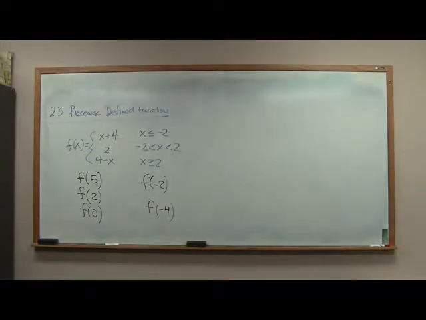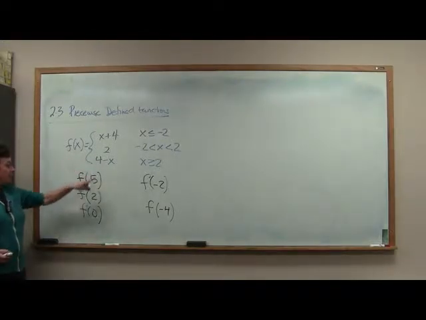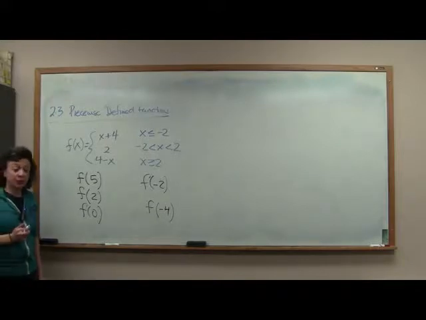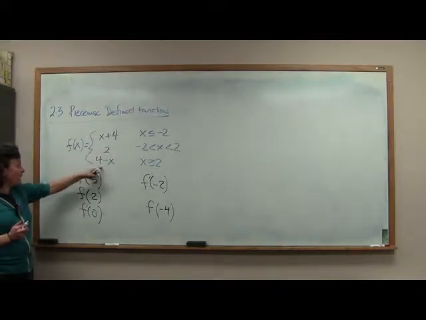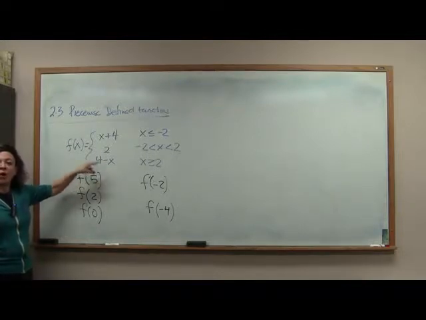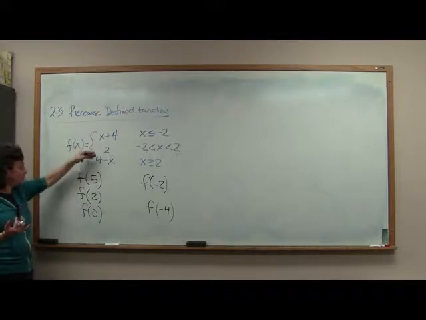In other words, what we want to do is find the value of this function first at x equals 5. Now, this is where the domain is very relevant. We've got f of x to be defined in 3 different ways. And we have to figure out, wow, which function do we actually plug it into?